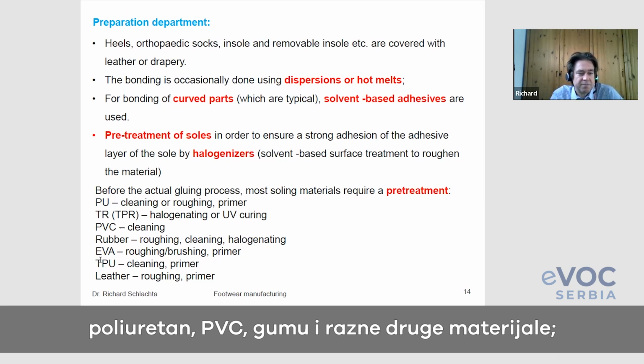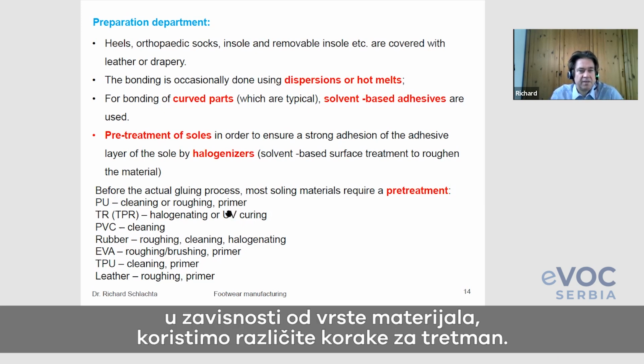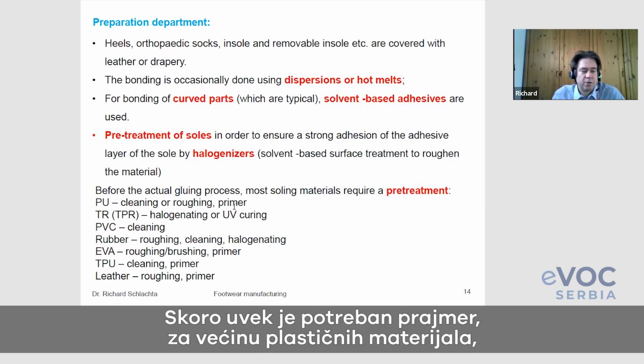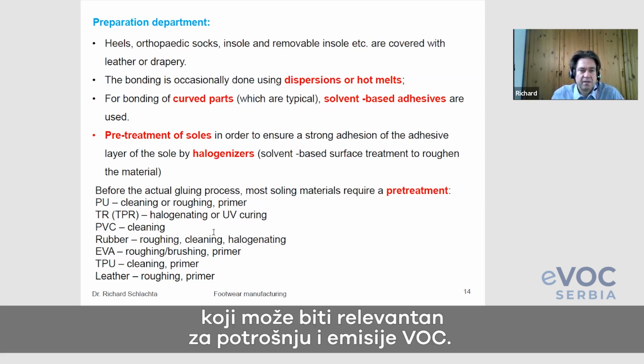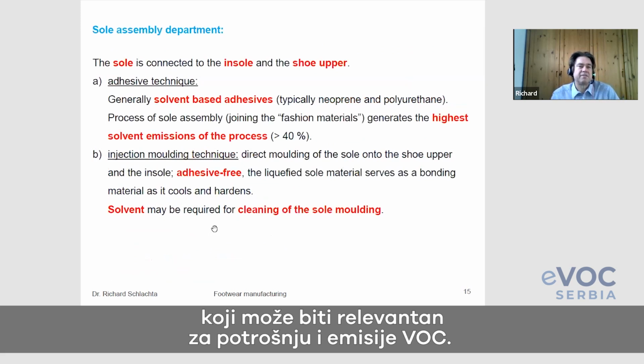So different materials, and depending on the type of material, you use different steps for this pre-treatment. Anyway, normally you always need a primer for most plastic materials, and in some cases, you need this halogenating step. And that can then be VOC relevant.